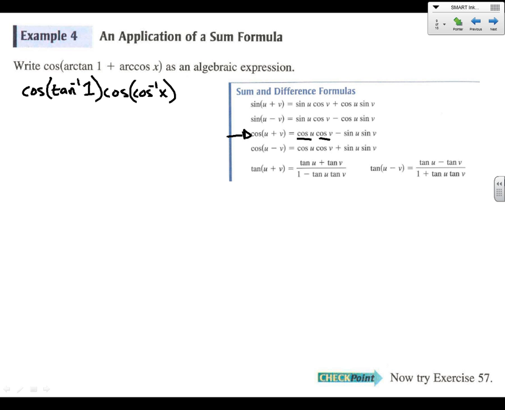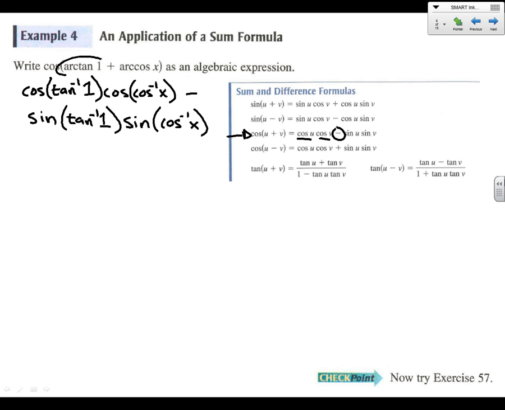Right, so we've got these two parts, minus sine of u, sine of arctan 1, sine of v, which is going to be arccos of x.